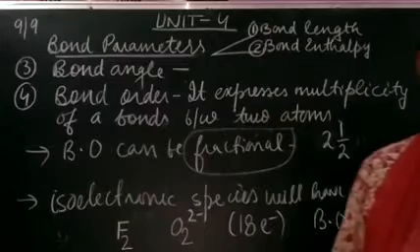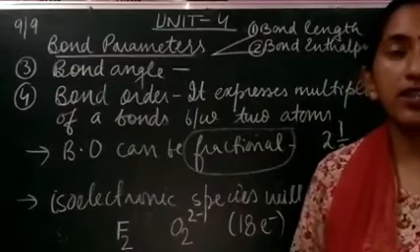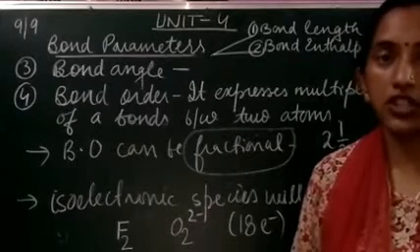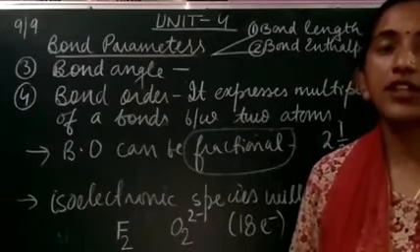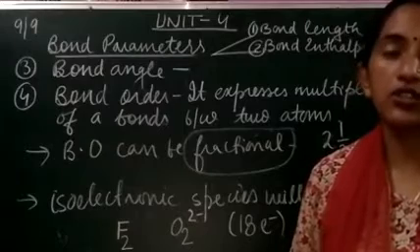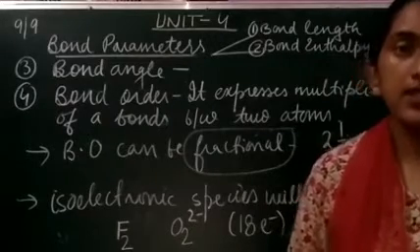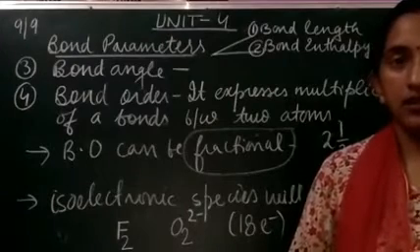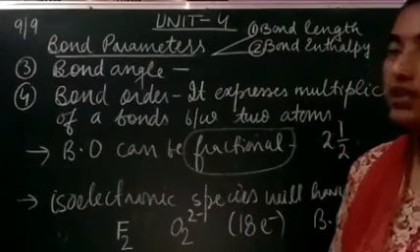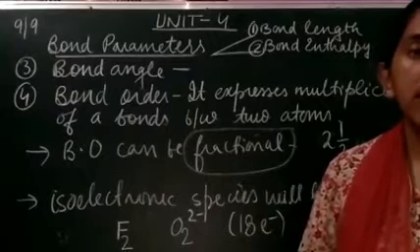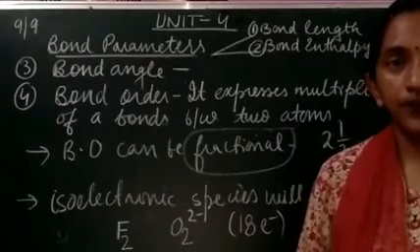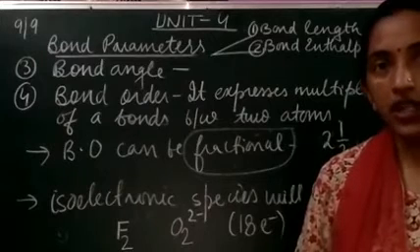So the greater the bond order, the higher is going to be the bond dissociation enthalpy, and hence the stability of the molecule or of the bond is going to be high. Yes. So students, please get this noted down and go through it very carefully, because we are going through the basic unit of chemistry.